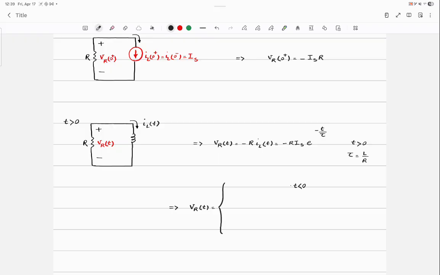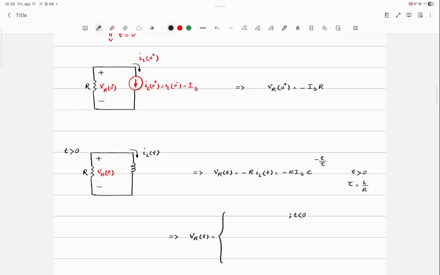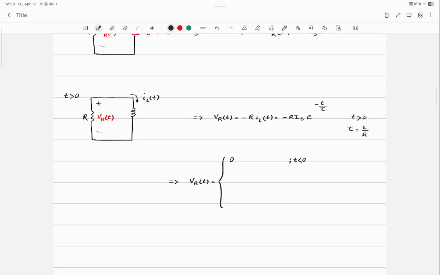For negative time, the value was 0. For positive time, it's equal to VR0 positive e to the power of negative t over tau.